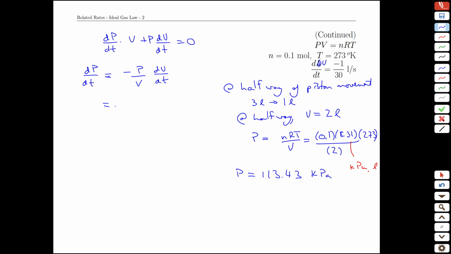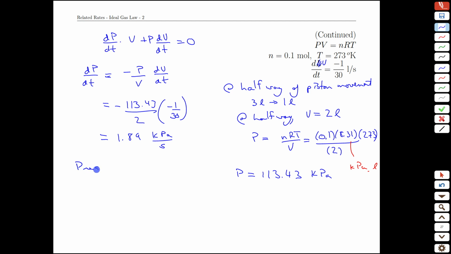Well, we can plug all those values in now. 113.43 for our pressure, our volume is 2 liters, and our rate of change of the volume is negative 1/30 liters per second. Calculating all that out gives us a positive value of 1.89 kilopascals per second in the units that we used for our volume derivative.